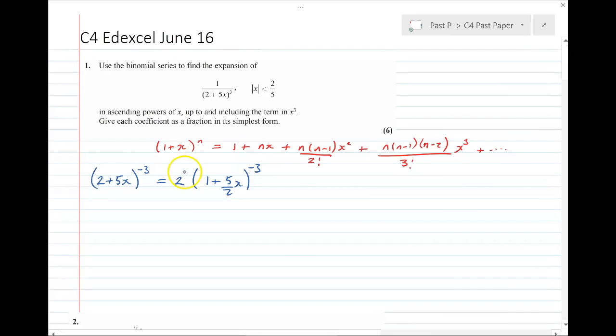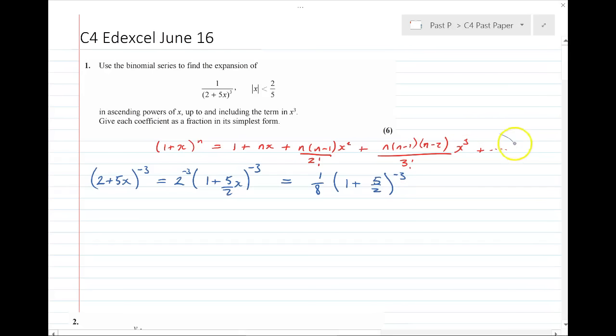It's wrong here. We need to put a -3 because the -3 is the power of the whole thing. So when we're taking 2 out as a factor, we need that to be 2 to the power -3 as well. Well, 2 to the power -3 is 1 over 8. And then we have (1 plus 5x over 2) to the -3.